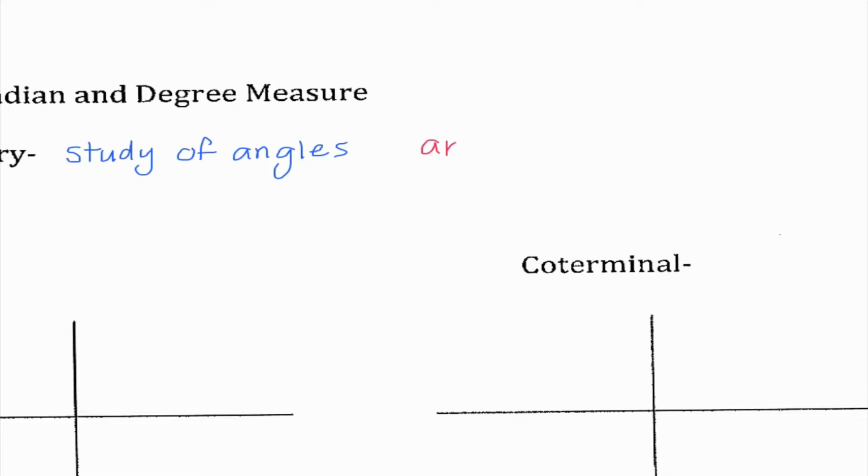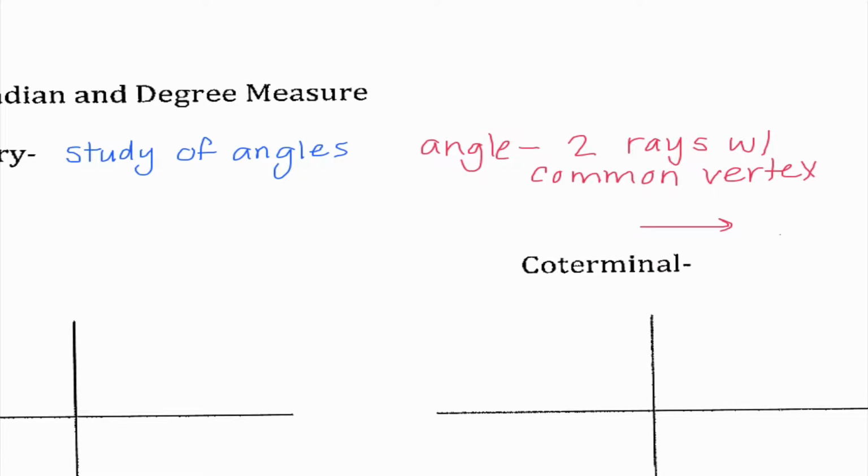An angle consists of two rays with a common vertex. Okay, so here we have a ray, and then we have another ray, and we can see that they come together at a vertex.